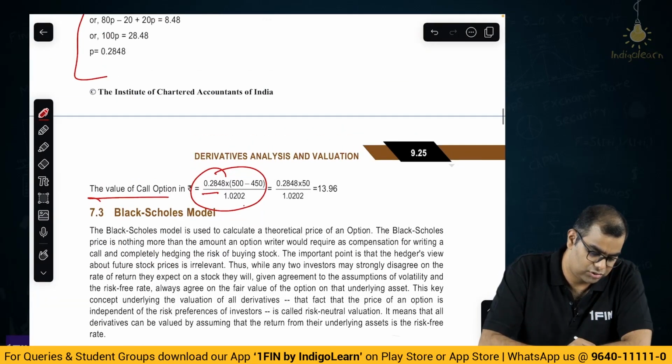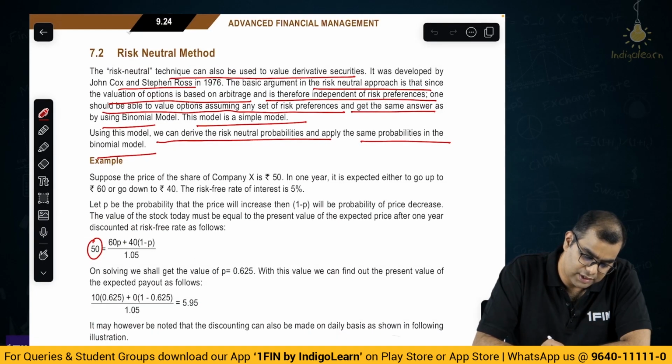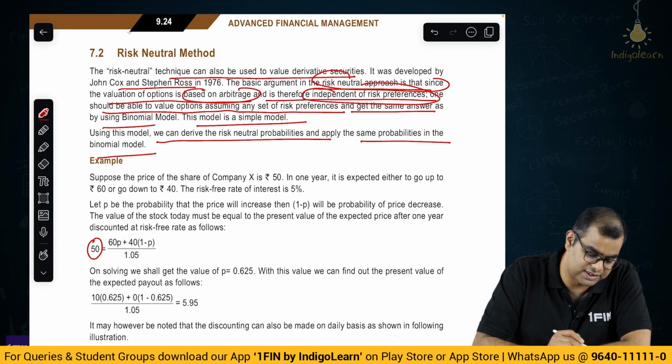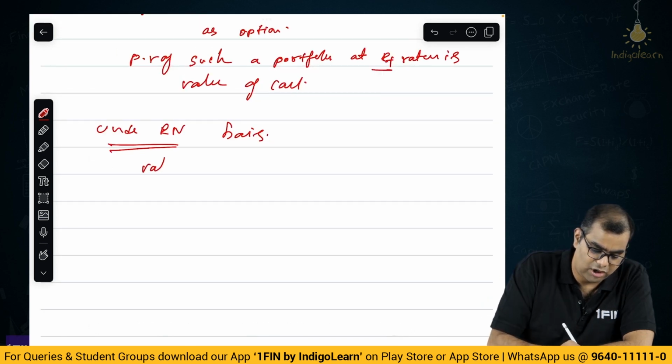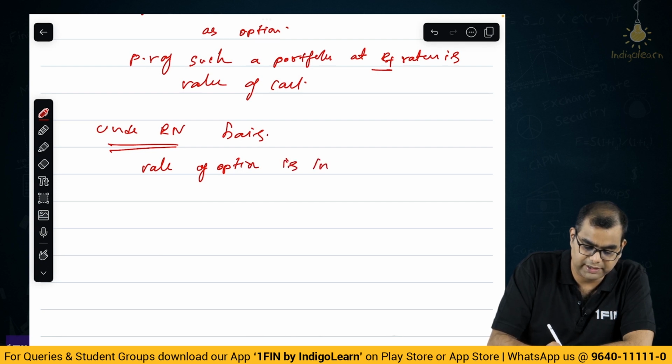Okay. So, what is the key word? Risk neutral is that since value is based on arbitrage, it is independent of risk preferences. Value of option is independent of risk preferences.